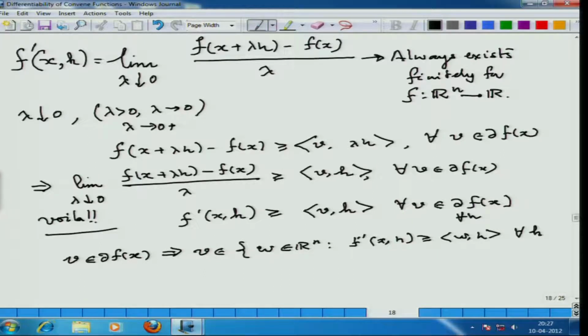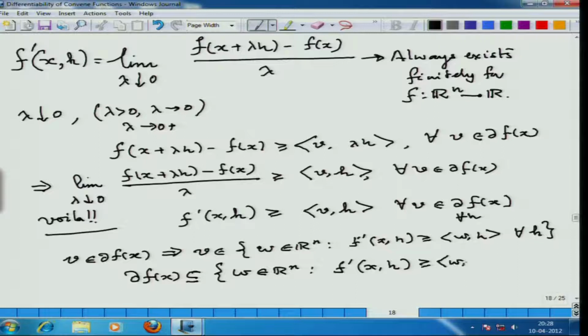You fix an h, then for all v this formula would hold. So, the subdifferential becomes a subset of this set. It is the collection of all such w's which satisfy this inequality for all h.